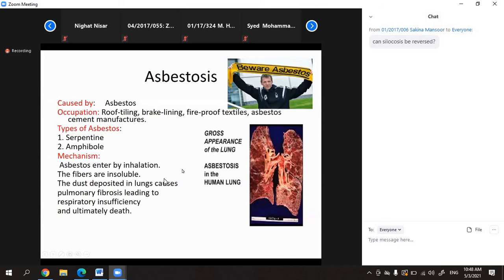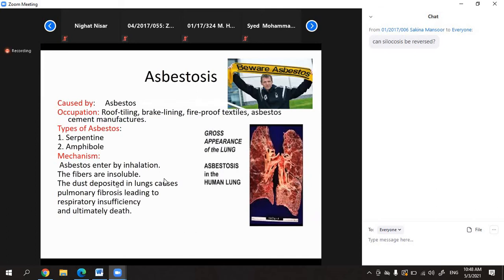Dust particles of asbestos enter by inhalation. These fibers are insoluble. The dust is deposited in lung and causes again pulmonary fibrosis, leading to respiratory insufficiency and ultimately death. You can see the picture of lung where asbestos is causing damage, fibrosis of the lung.